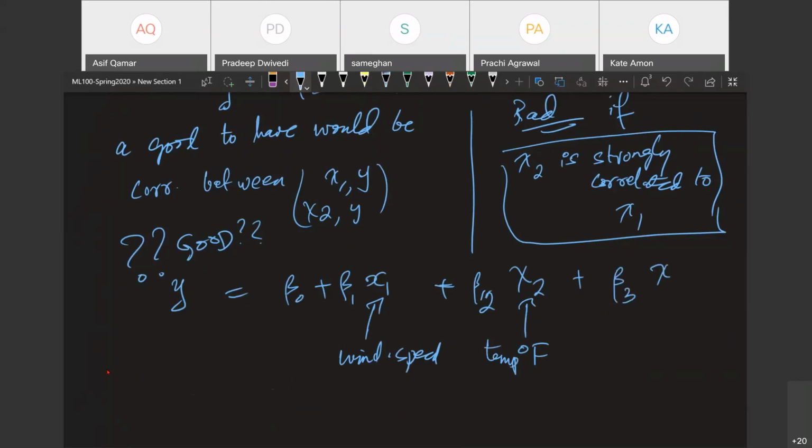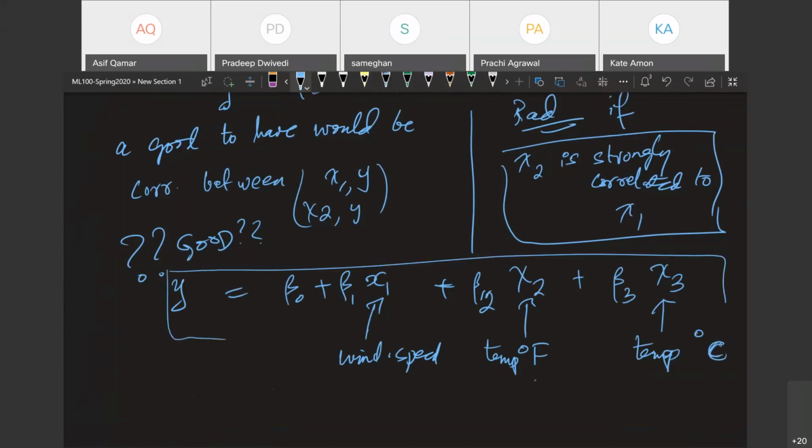Suppose somebody has given you data like this, the European versus the imperial standard, the metric versus the imperial standard of notation. Now, just common sense wise, what would you say for a model like this? I said there is redundancy here.